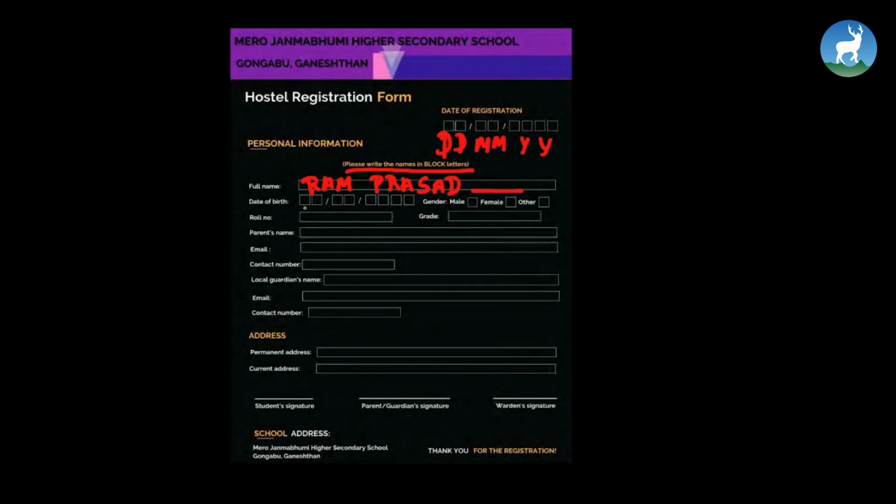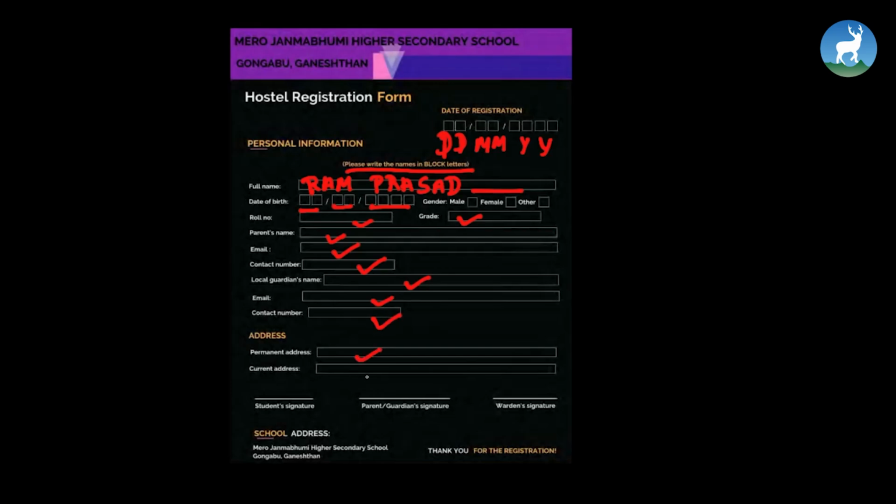Date of birth, similar to date of registration, DD MM YY. Your gender, your roll number, your grade, obviously grade 8, your parents' name, your personal email, contact number if you have your own, otherwise your parents' contact number, local guardian's name if you do not live with your parents, and if you live with someone else who is looking after you, you have to fill up their name over here, and their email, their contact number.